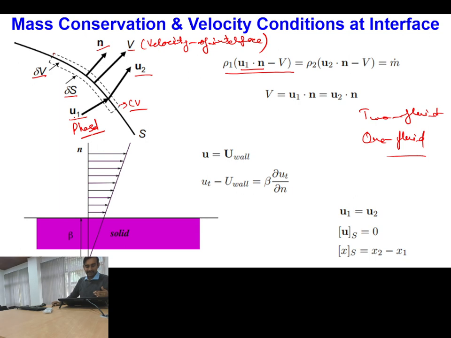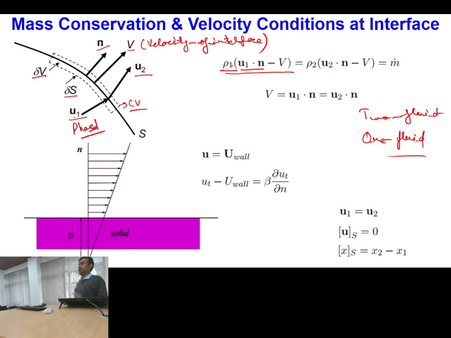If the interface is also moving with some velocity v, then the rate at which mass of fluid 1 enters the interfacial control volume will be nothing but rho 1 times (u1 dot n minus v), the relative velocity.